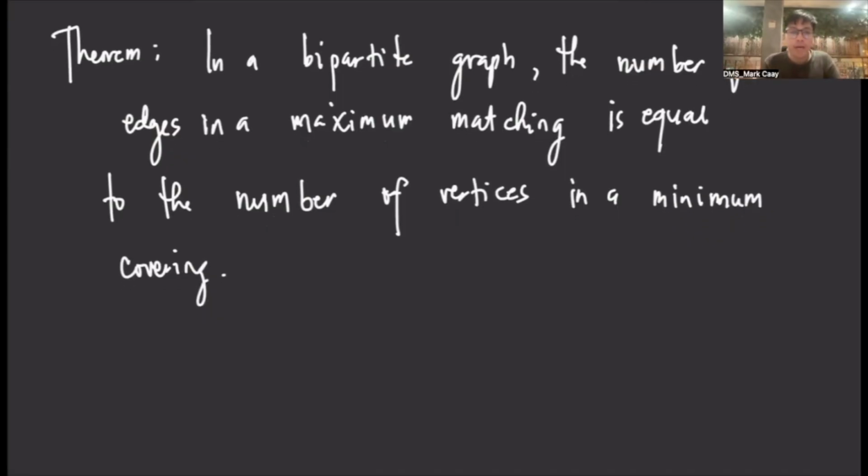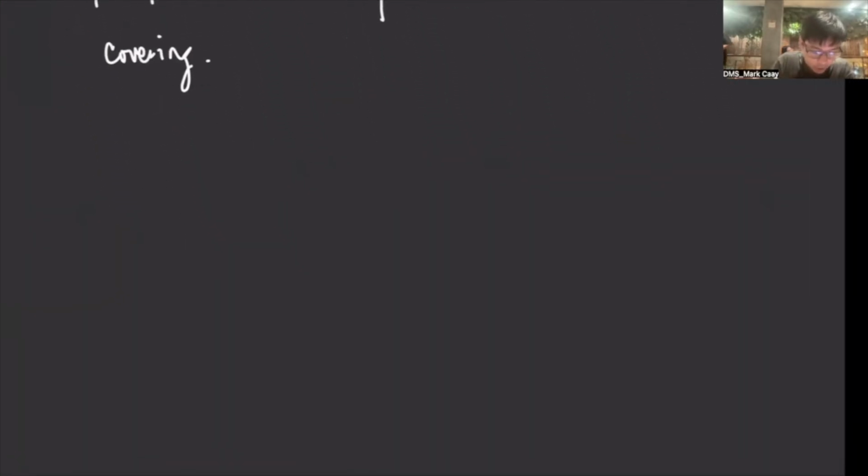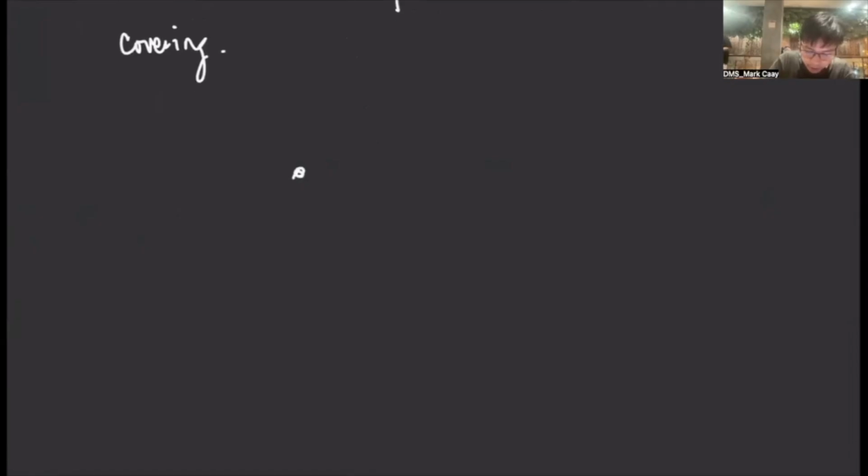Okay. So we have a theorem here saying that in a bipartite graph, the number of edges in a maximum matching is equal to the number of vertices in a minimum covering. So actually, this statement is a reflection of the lemma that we have proven earlier, but let's just picture that out. So let's say I have this graph here.